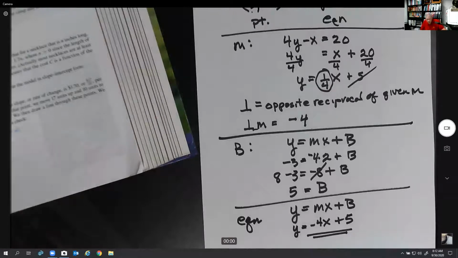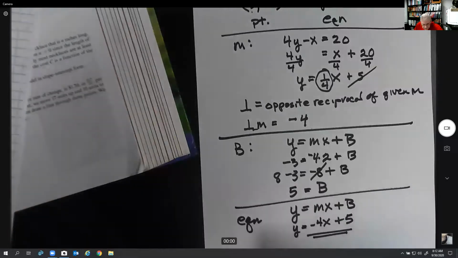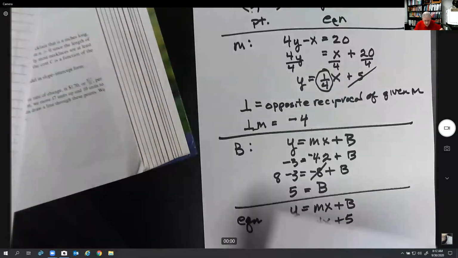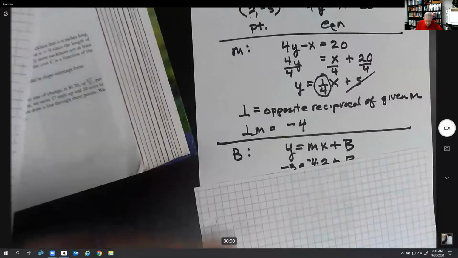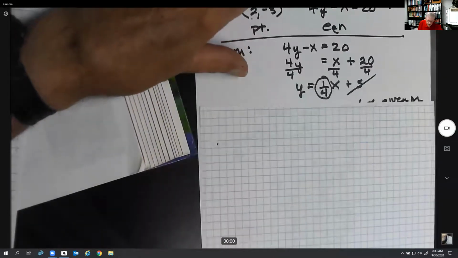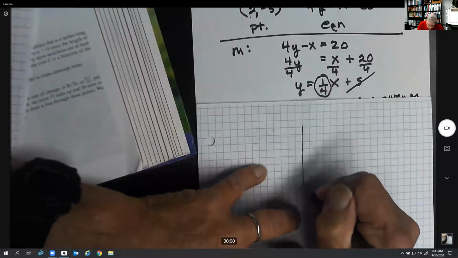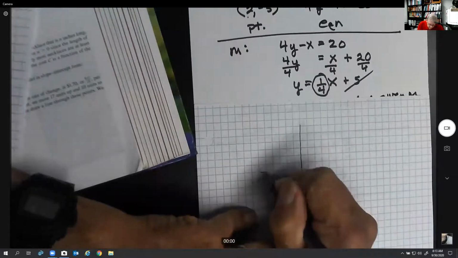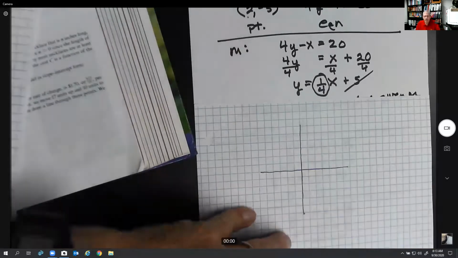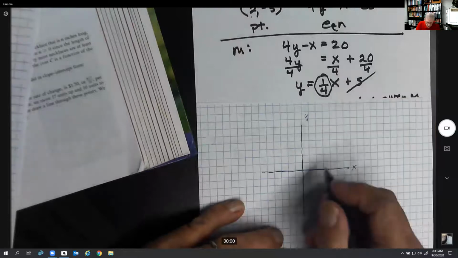Now, what I'm going to do is graph this and see if it actually works. Got some graph paper here. So let's graph the original equation and then graph this one. Okay, here's x, here's y. This one started at 5, right?